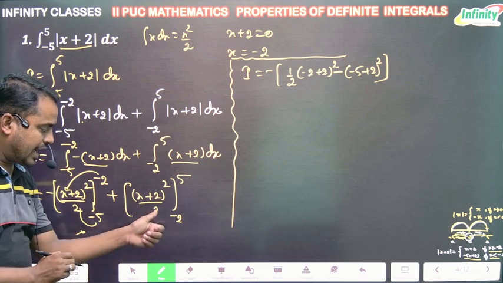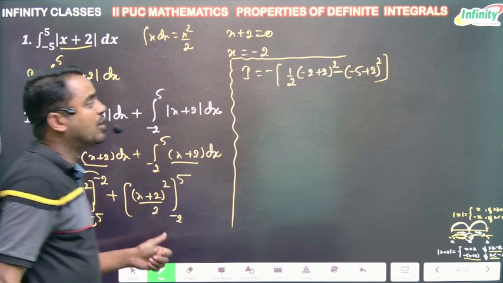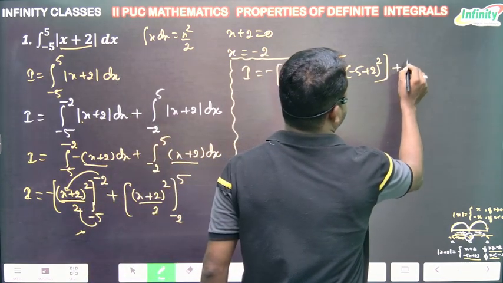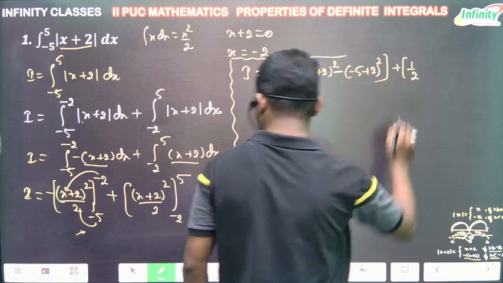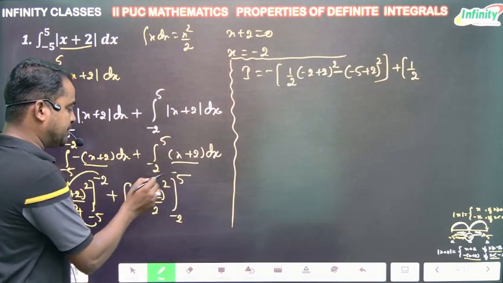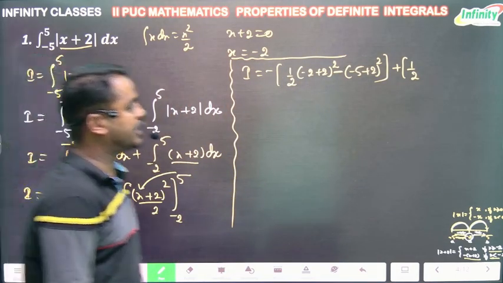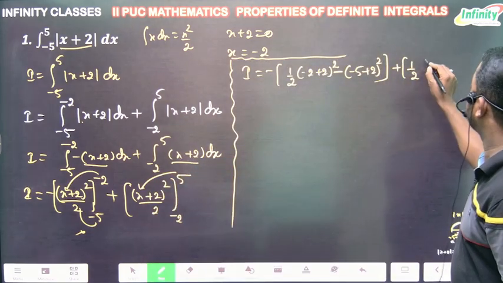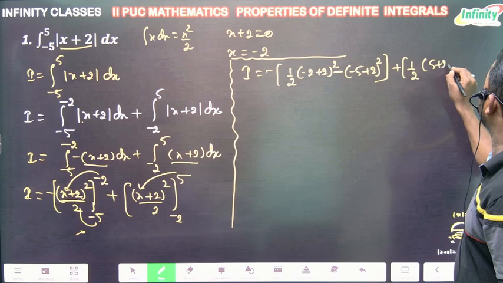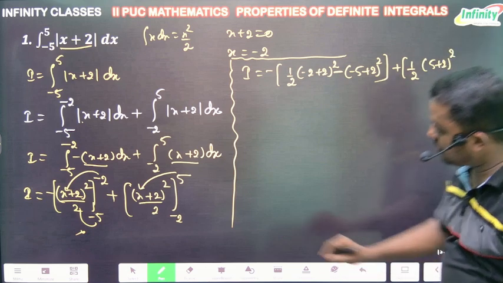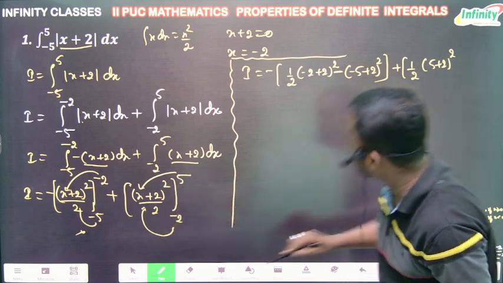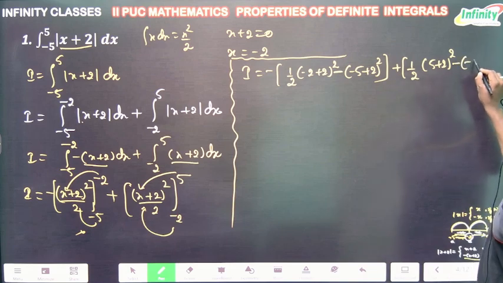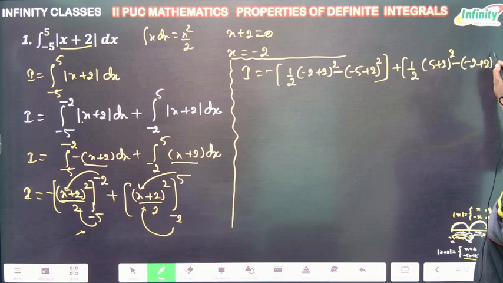Now here again I am taking 1 by 2 outside, plus 1 by 2 times the upper limit, that is 5 plus 2 whole square. Then before substituting the lower limit, keep the minus sign: minus 2 plus 2 whole square.